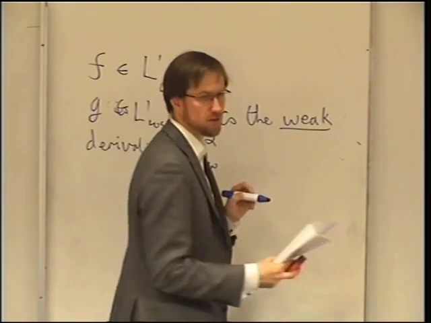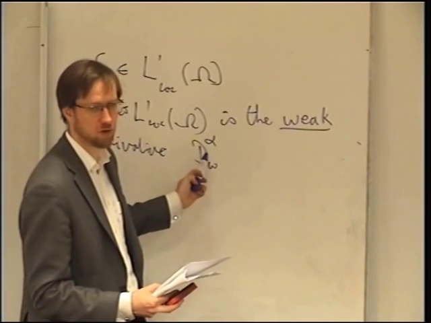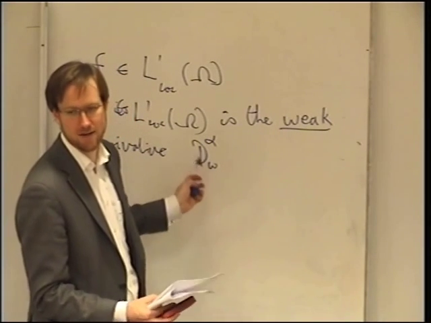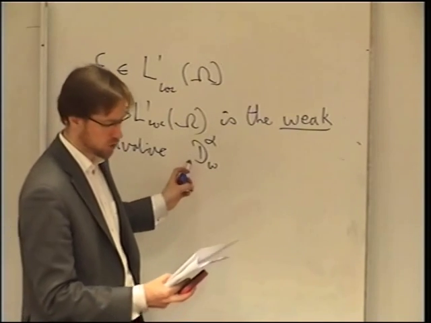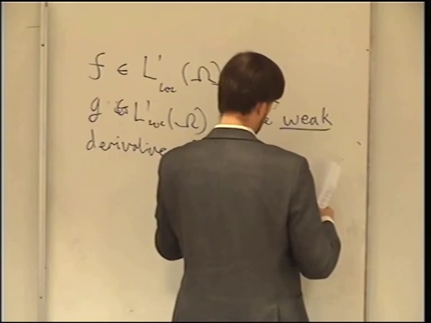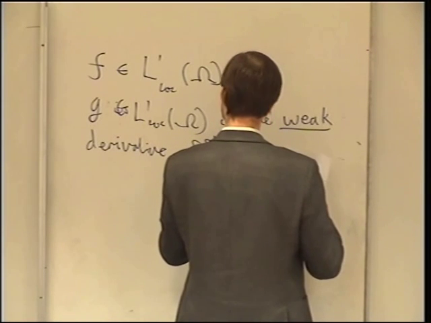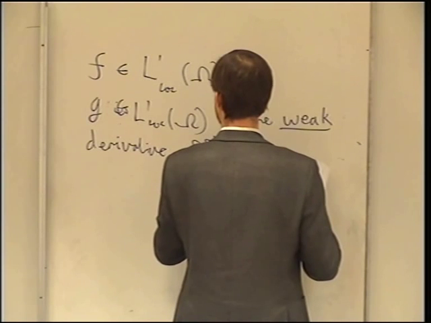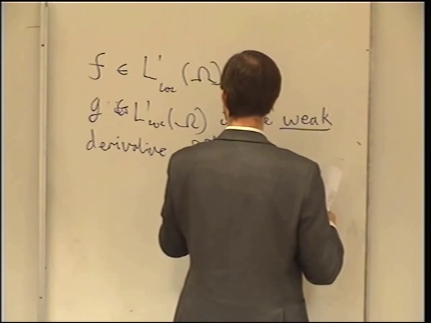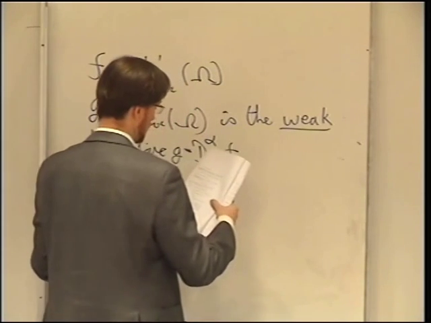Now, obviously, with respect to some multi-index alpha, so we can define this not just for first derivatives, but for any multiple derivative in any direction. D^alpha_w is the weak derivative D^alpha of f, so g equals D^alpha f.